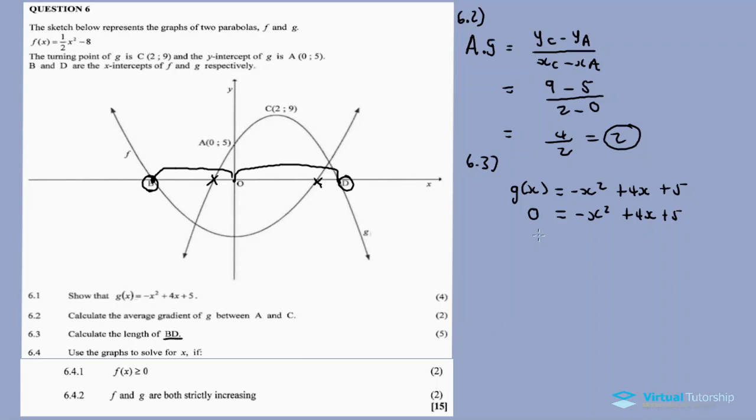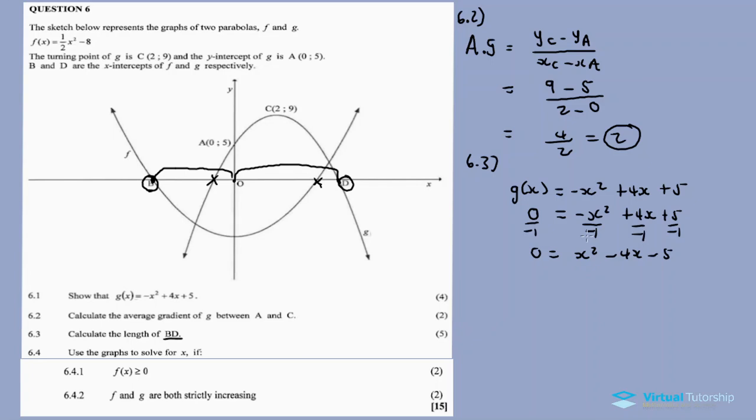You can use the quadratic formula, but I will use the factoring method. So I divide both sides by minus 1, giving 0 equals x squared minus 4x minus 5.